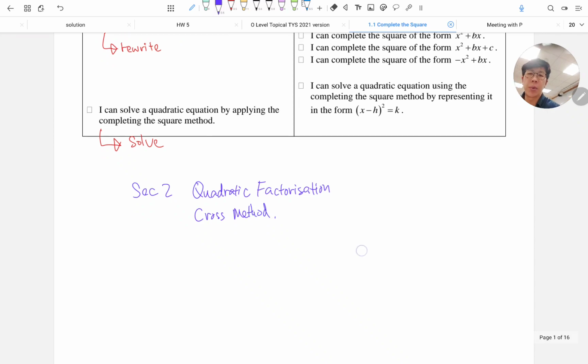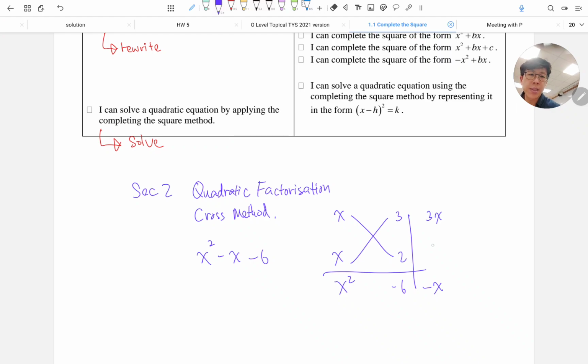One example, x squared minus x minus 6. If you were to use the cross method, x squared, negative x, negative 6, x times x is x squared, 3 times 2 is 6, 3x, 2x. To get a negative x, I will need a negative 3 and a positive 2.